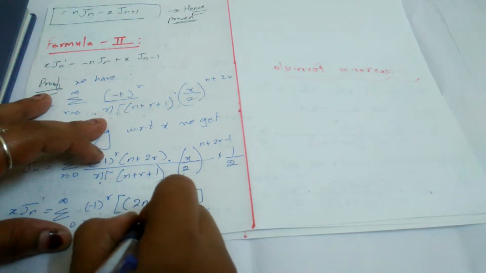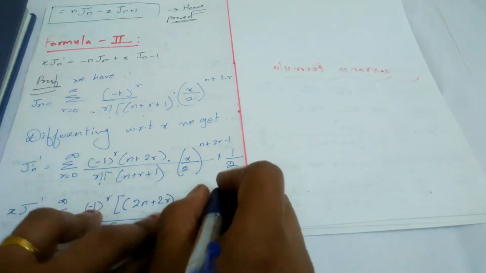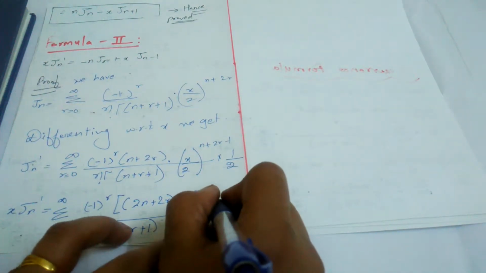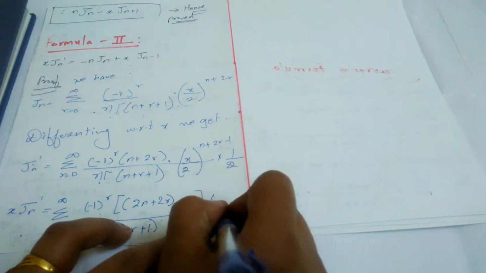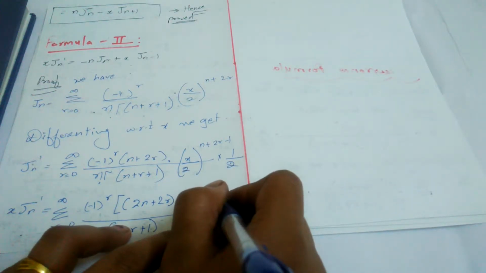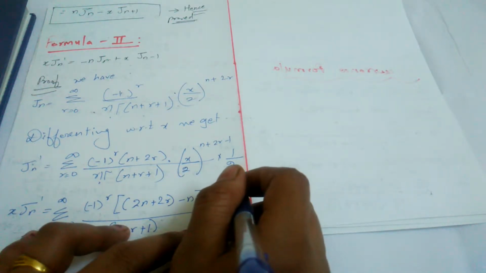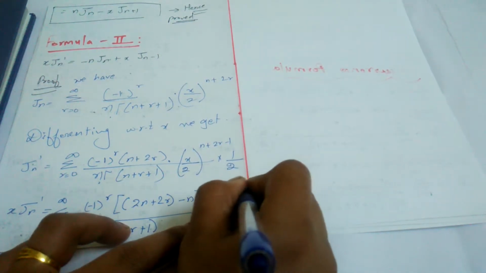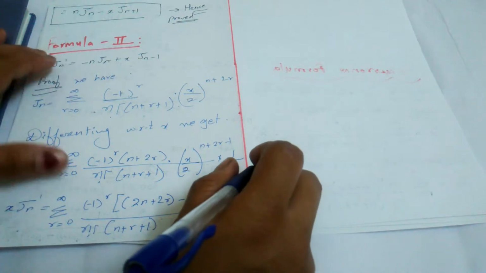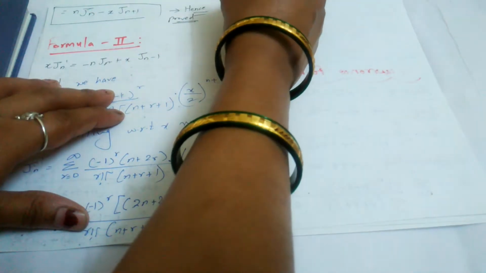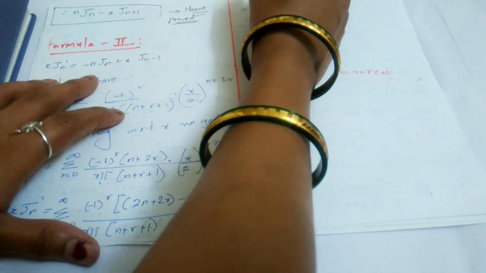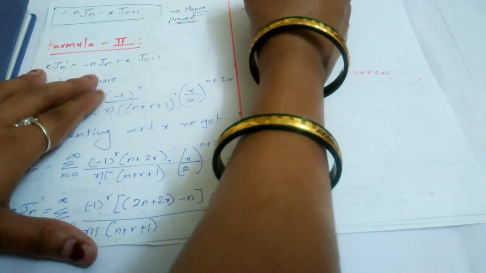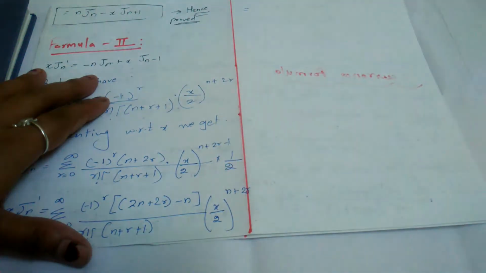Divided by r factorial, (n + r + 1), into (x/2) raised to n + 2r. Now which equals, we will separate these terms here also.